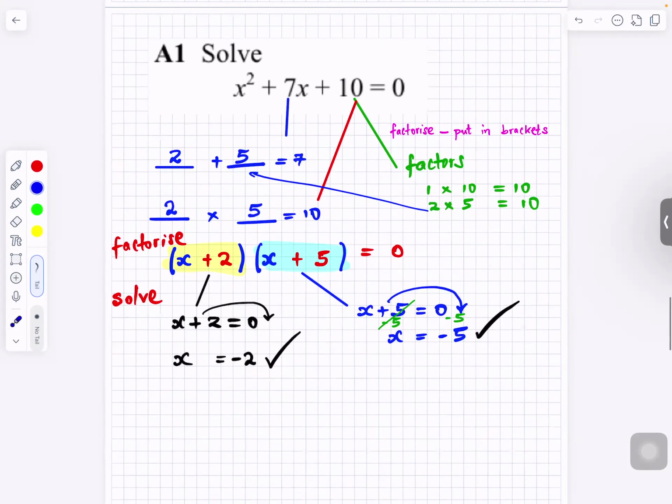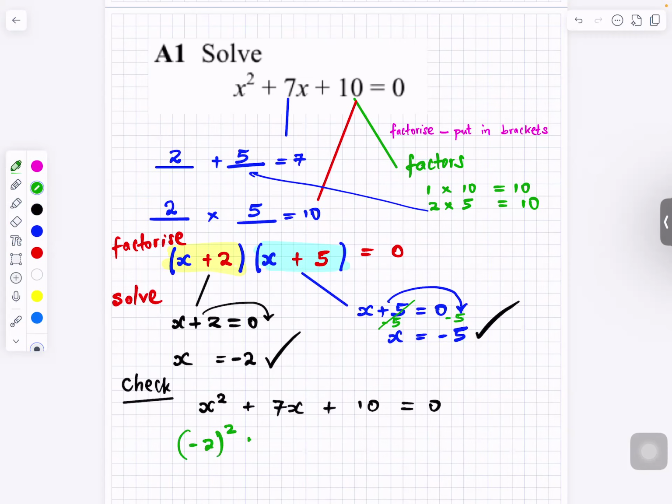Now, if you want to check if your answer is correct, the question was x squared plus 7x plus 10. You want to get 0. If you use minus 2 for the first number, so minus 2 squared plus 7 times minus 2 plus 10.